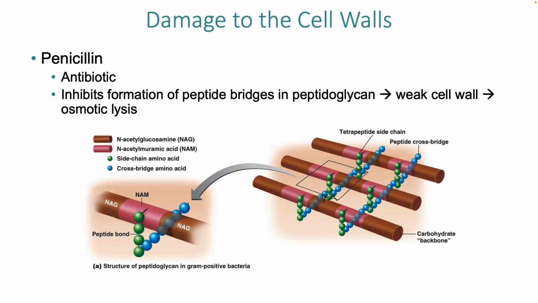And so, I told you that gram-negative cells tend to be more resistant to penicillin, partly because the LPS can kind of block it, but also one of the reasons that gram-negative cells are more resistant to drugs that affect peptidoglycan is because they have the outer membrane. So they have two membranes.